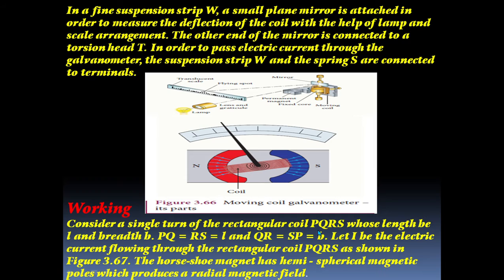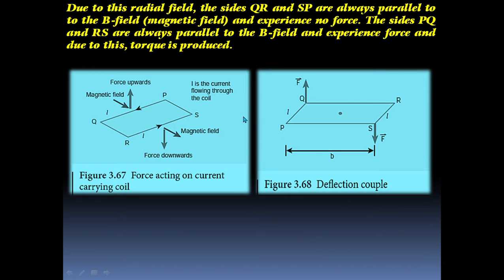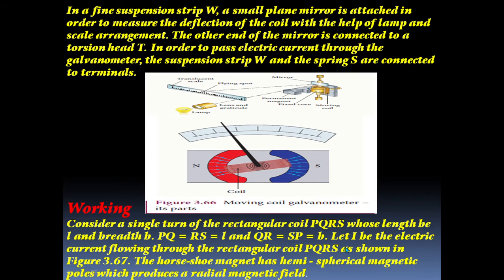The next, QR and SP are equal to the breadth. So, here QR and PS are the breadth of the rectangular coil. Let I be the electric current flowing through the rectangular coil PQRS.